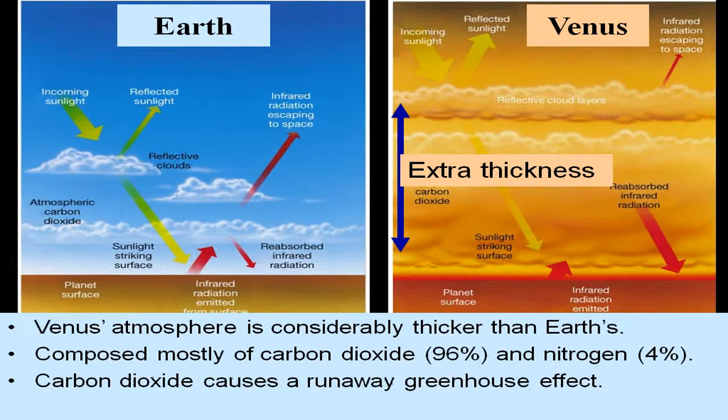This carbon dioxide causes a runaway greenhouse effect, so insolation that makes it through the clouds gets trapped by this very thick carbon dioxide layer, and hence it maintains a very hot surface. There's no water vapor at all in Venus.